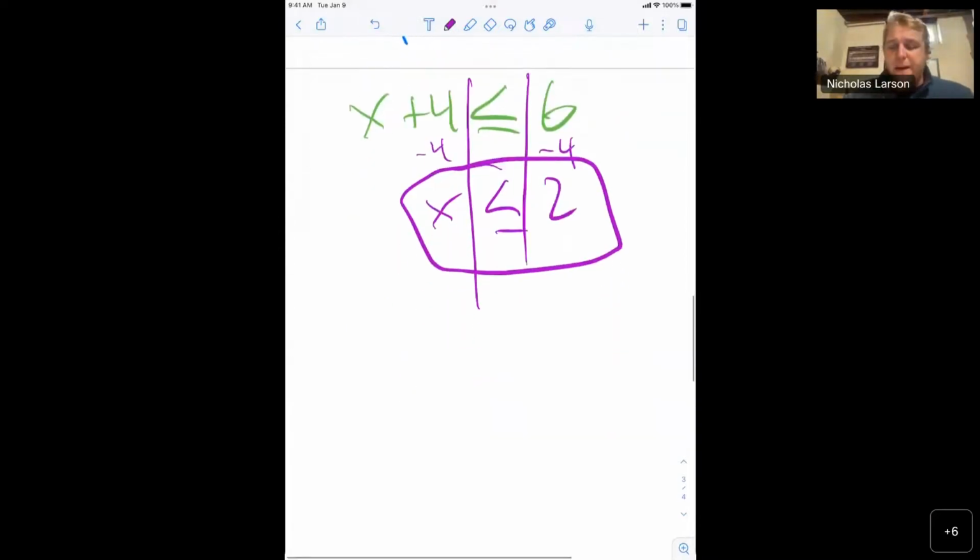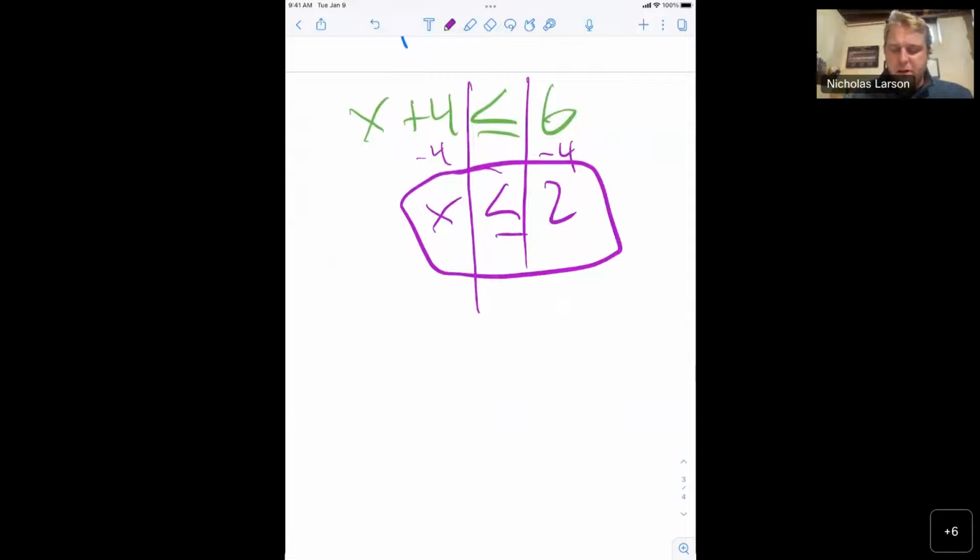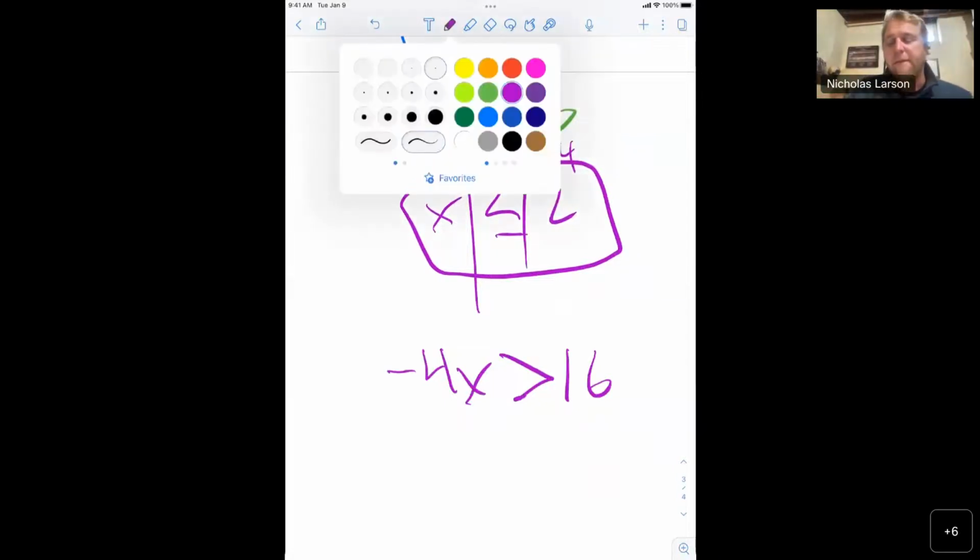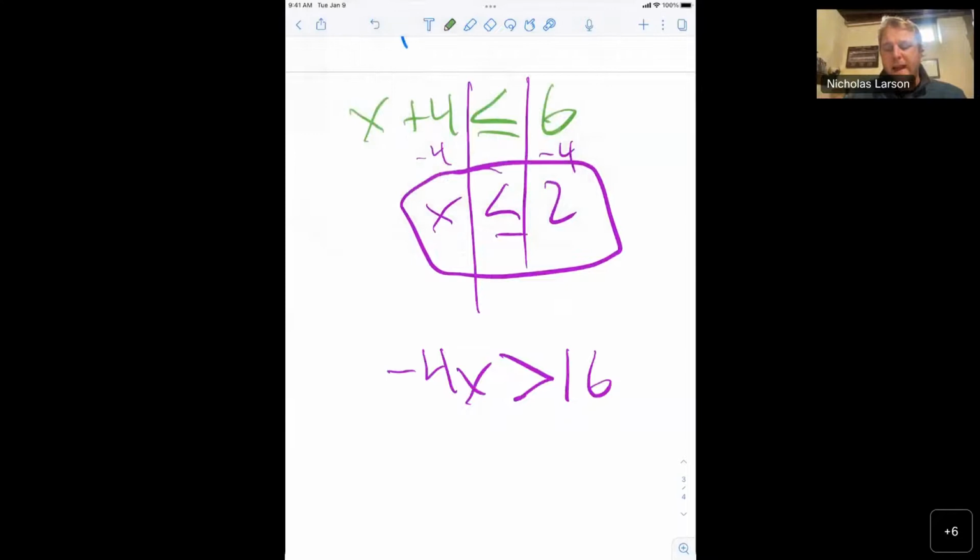However, if you get a situation where it looks like this, let's say -4x is greater than 16. All right. The difference is when you divide or multiply by a negative. So again, see how this is a negative?